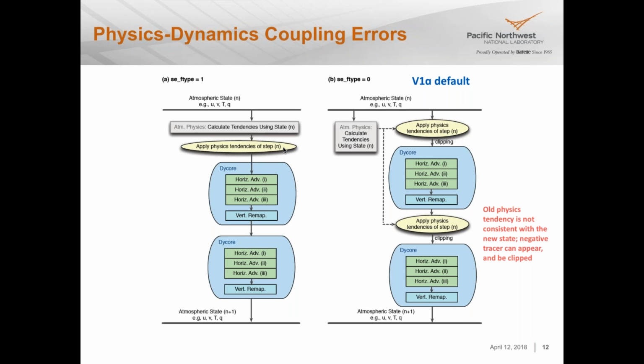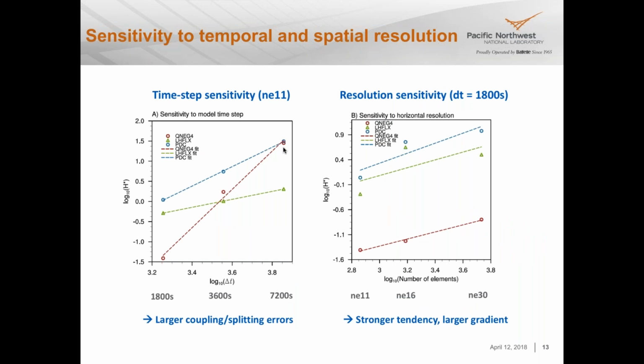So we managed to apply new physics-dynamics coupling methods. It's a hybrid coupling method for dynamical variables and water substance variables. I'm not going to tell the details here, but you can see in our paper later.